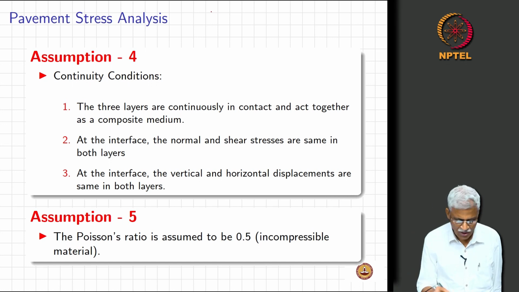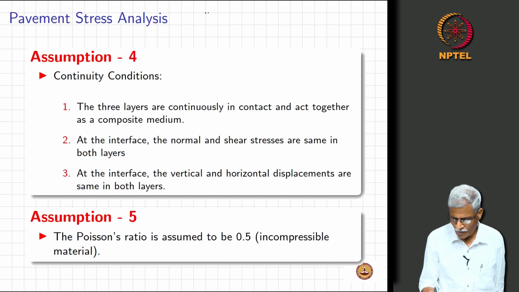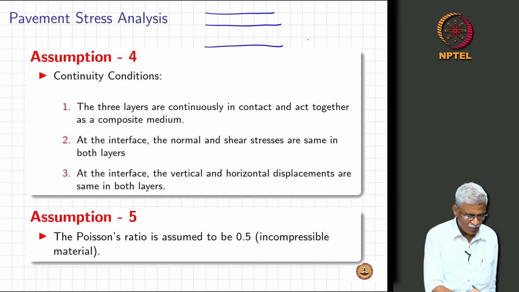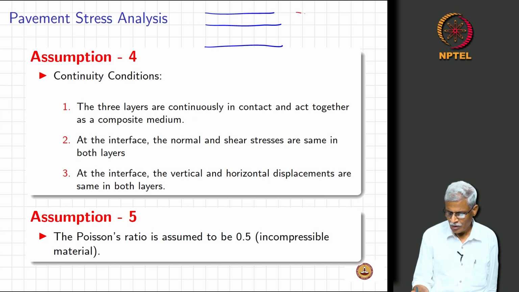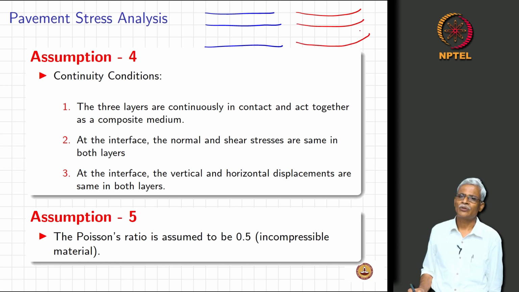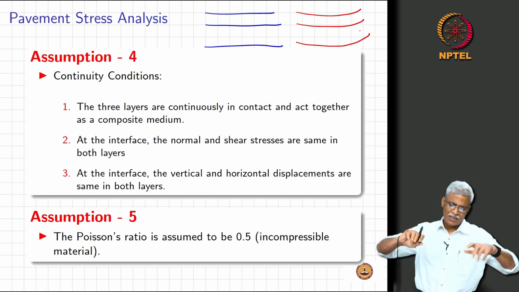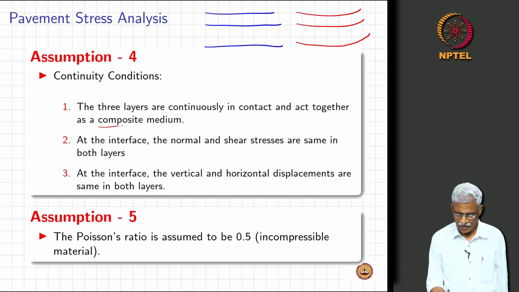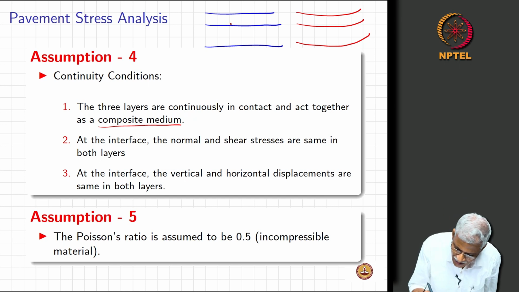So, if this is the, let me use some other color, here there is one layer, and now what can happen here is when this is subjected to a load, okay, all of them, depending on their relative stiffness, deflect more or less as a single composite medium. That is the most important thing. And at the interface, now comes the critical point. So, let us take a look at this particular point. So, let us zoom it a little more.